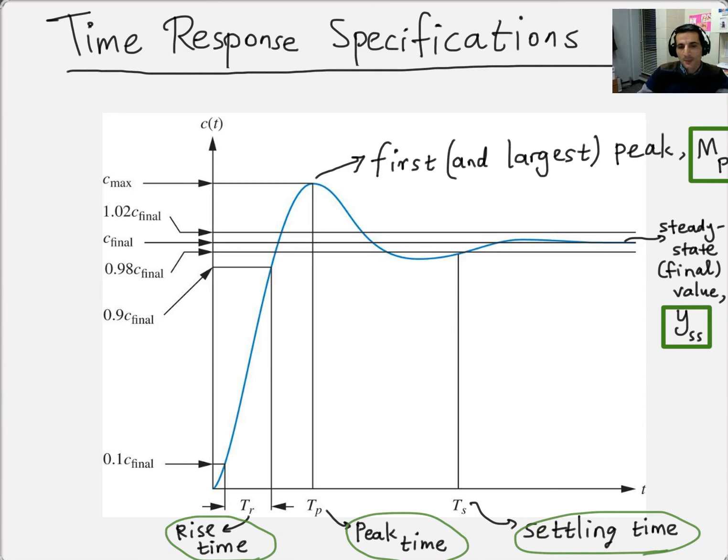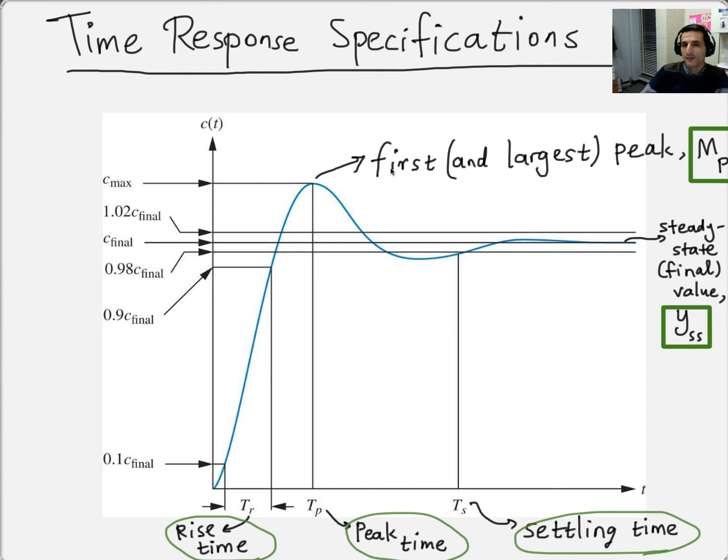Now some of these parameters you had already seen in the response of first order systems. For example, we had defined the rise time for first order systems, and we had also defined the settling time for first order systems, and also the steady state value.